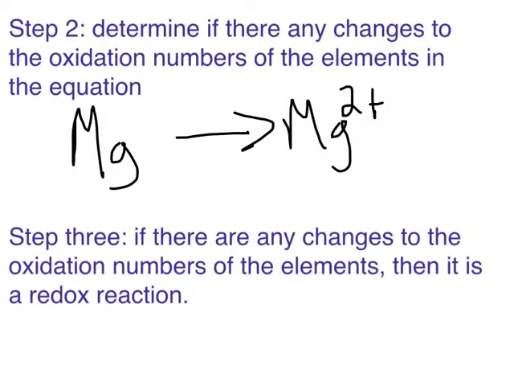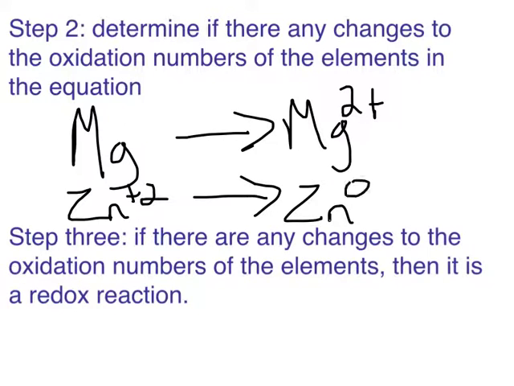And we also started with zinc. And zinc had a +2 to start with, and at the end, zinc had a 0. So, are there any changes in the oxidation numbers of the elements in the equation? Yes, there are.